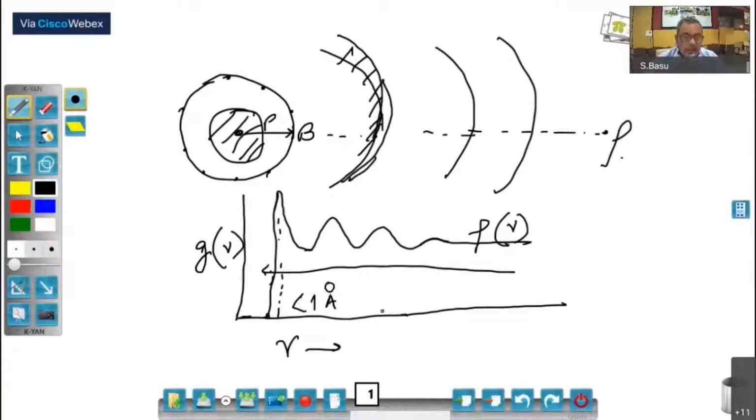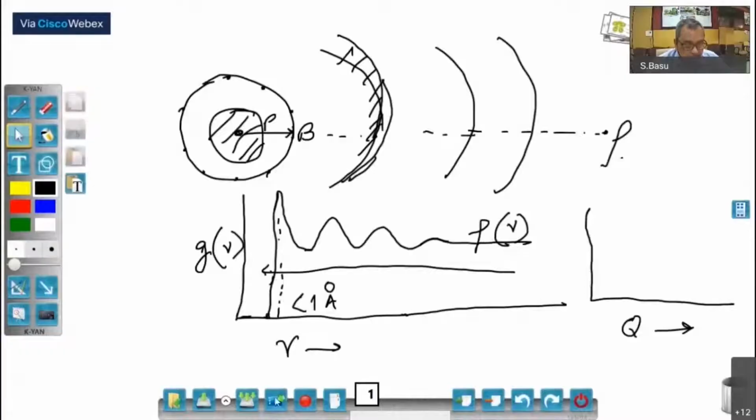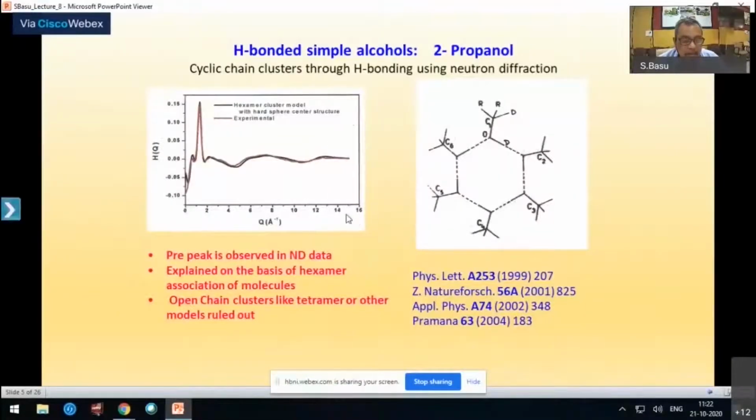Because you are trying to look at structures which are around 1 angstrom or smaller, in Q space, as I mentioned again and again, you need to go to larger Q. That's what is shown in this transparency: in normal diffraction we could go up to 8 or 10 angstrom inverse, but here we are going up to 15 to 16 angstrom inverse.